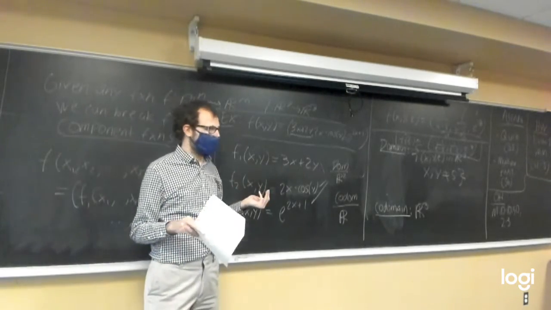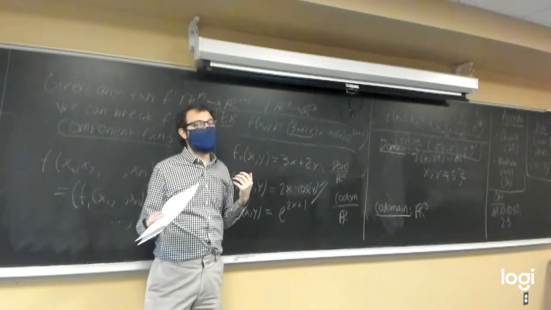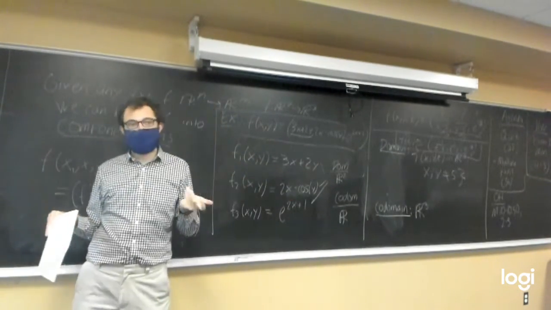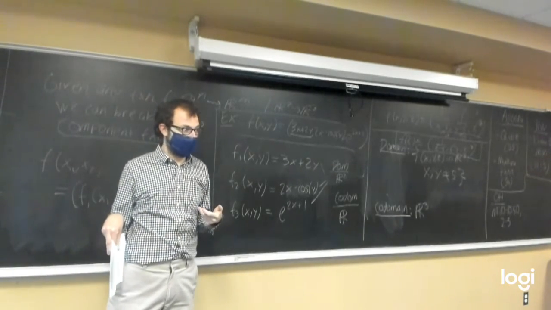That's one nice thing about component functions: it lets you take a function with a multi-dimensional output and split it up into smaller functions that all have scalar valued outputs.